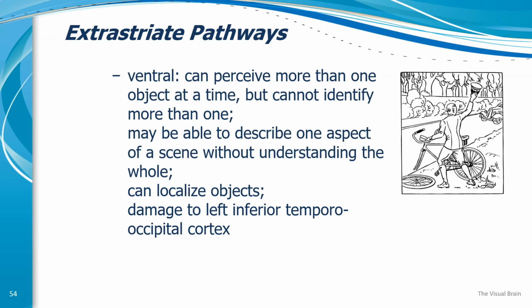They can't put it together and tell you the story of the man whose bicycle broke down and now he's trying to hitchhike and get a ride. People with this subtype can localize objects. They can tell you where the things are, the cars on the right, for example. Damage is in the left inferior temporo-occipital cortex. Sounds awfully specific, but you know what, not really.